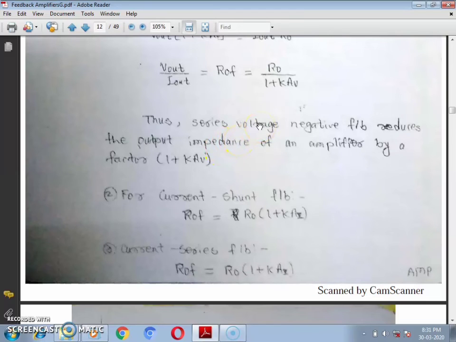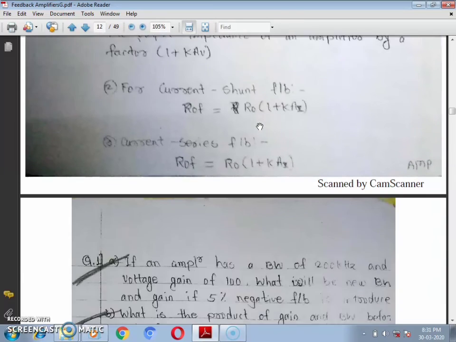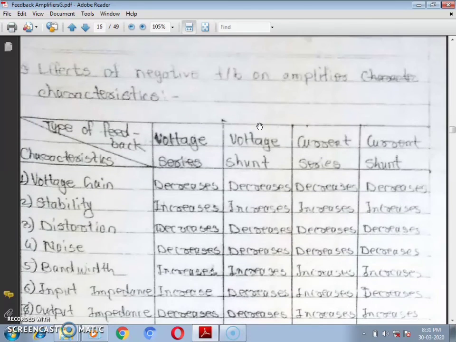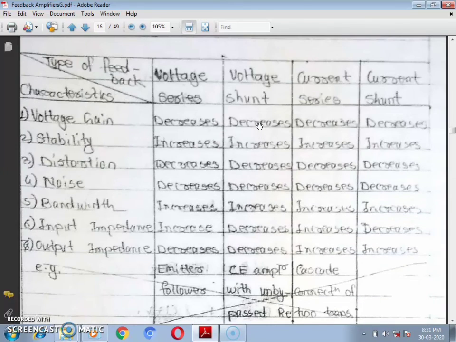Now we want to summarize all these factors and give a comparison amongst them. For voltage series, voltage shunt and the current configurations, the voltage gain decreases for all configurations, and stability increases for all configurations.